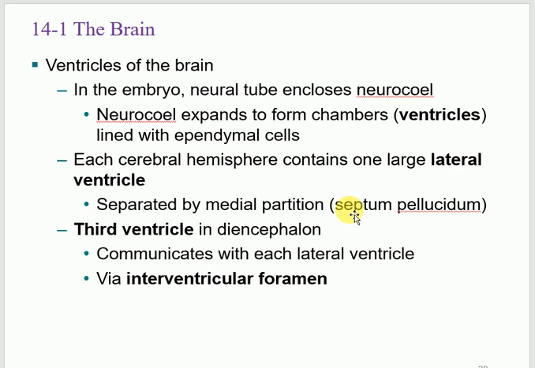These parts that are allowed in become CSF, so we make it in the ventricles. Every ventricle will have a part that filters and makes the CSF. We have 4 different ventricles: 2 of them are called laterals, and then the third and fourth.